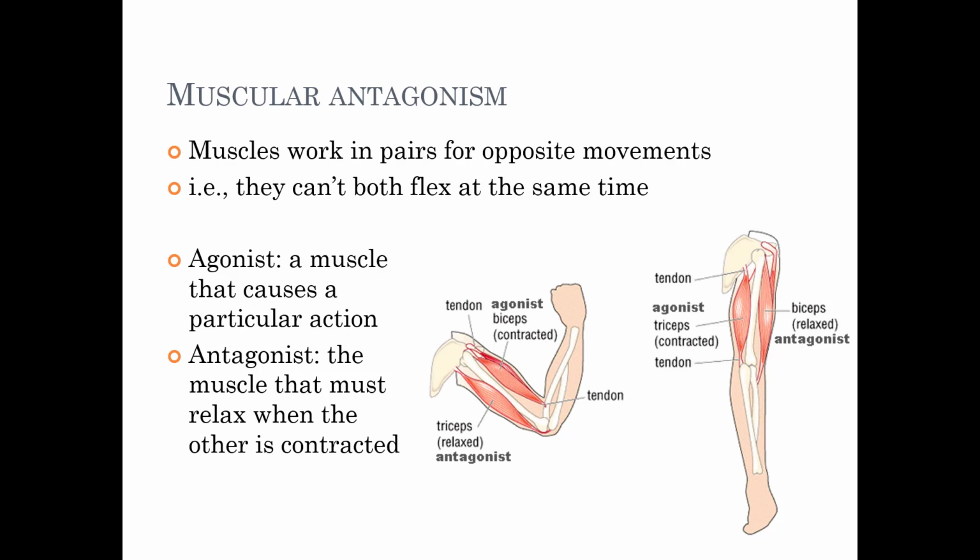But muscles don't work by themselves. Muscles work in pairs to effect opposite movements. We've seen this already. We saw it when we talked a little bit about peristalsis, where the circular and the longitudinal muscles around your esophagus, for example, contract and relax antagonistically in order to move food through the digestive system.